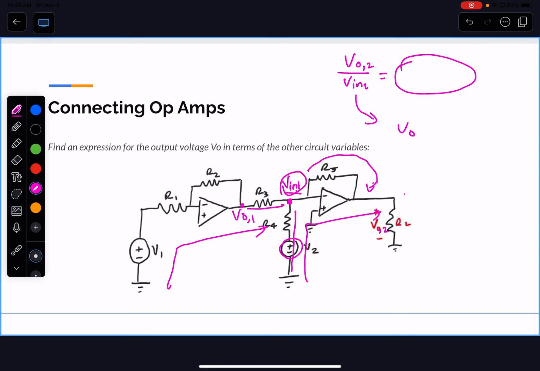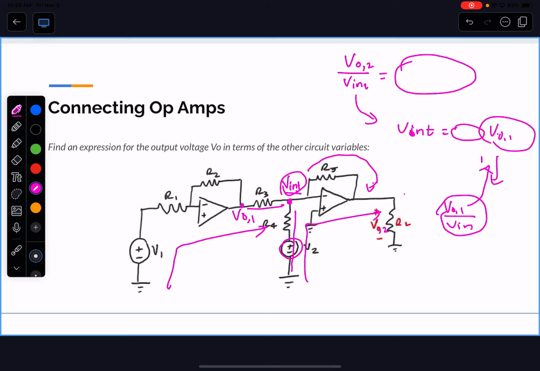So we're not confused. You find the thing between your V int equals whatever it is, V naught 1. And then you take yet again your V naught 1, you say what is the relationship between V naught 1 over V in. And then you substitute this step by step back in here to get your V naught 2. That make sense? So that will be how you analyze.